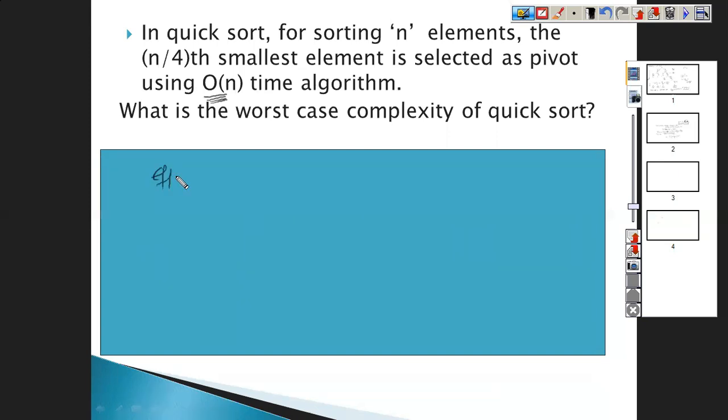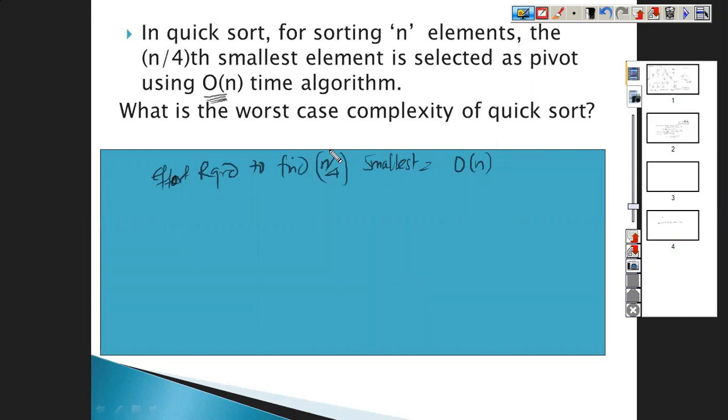The effort required to find the n by 4th smallest is big O of n. It is given here. Maybe in another question this cost is different, but here it is big O of n. So when you get this kind of question, you have to do it accordingly.